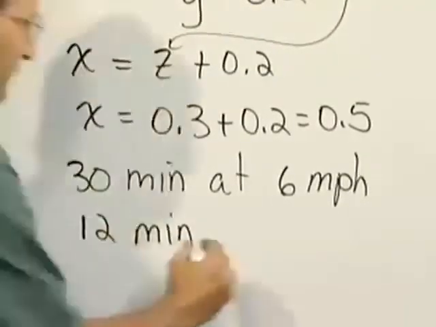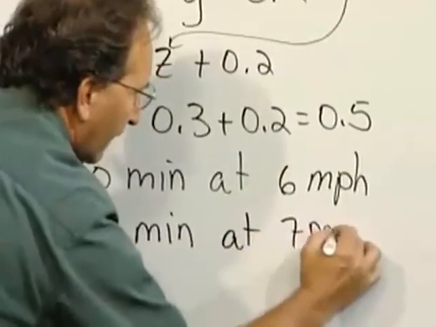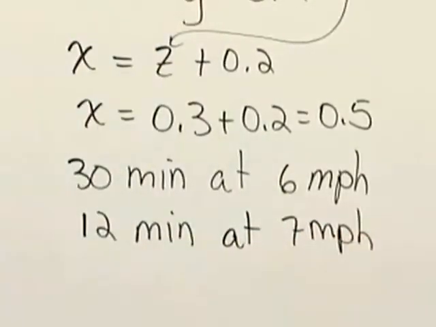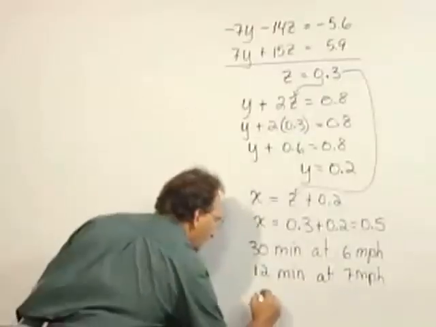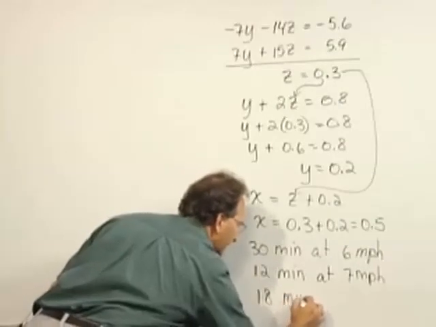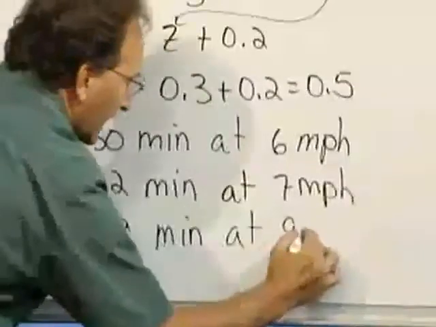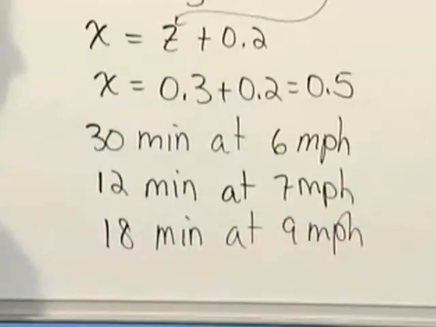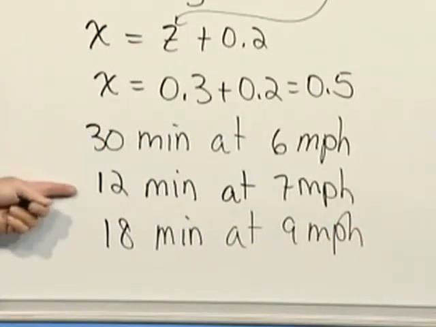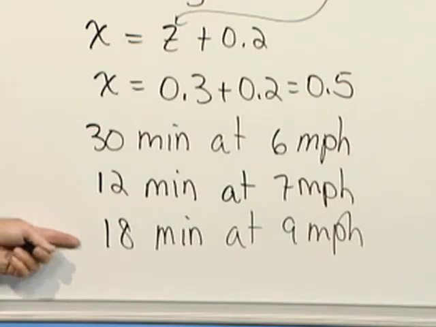And remember, y was at 7 miles per hour. And finally, z is 3/10, which is 18 minutes, and that was at 9 miles per hour. So that's our final solution. 30 minutes at 6 miles per hour, 12 minutes at 7 miles per hour, and 18 minutes at 9 miles per hour.